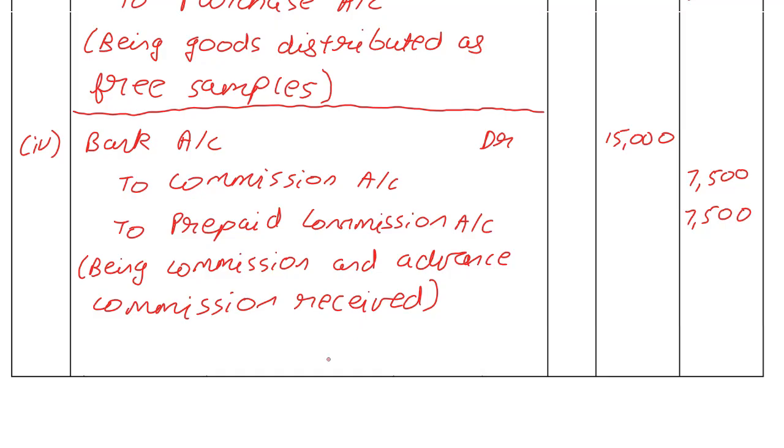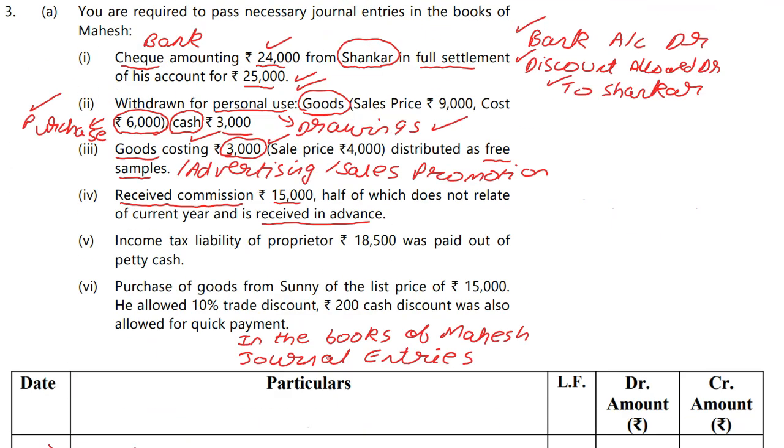I am going back up, and we have two more entries. I'm going to have to make space for them, right? And let's see. We have income tax liability of proprietor 8,500 was paid out of petty cash.